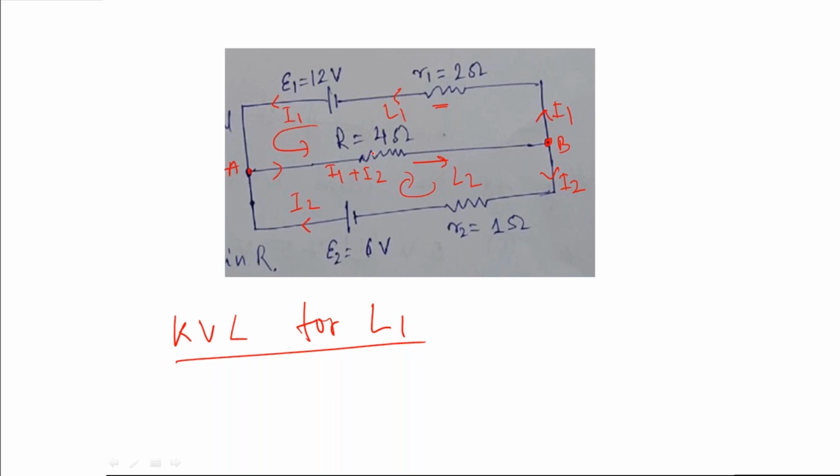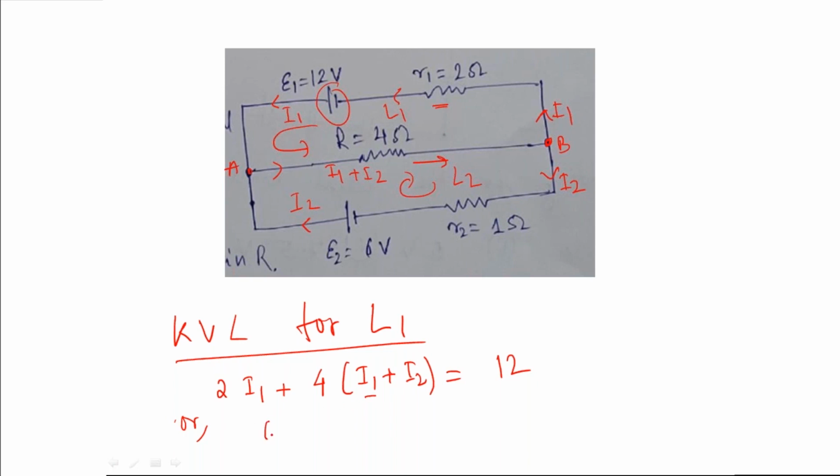Okay. So for loop L1, see I have resistance this 2 ohm through which the I1 is flowing. The current direction is this way. So I can write 2 into I1. Another resistance is 4 ohm. What is the voltage drop across this 4? This is 4 into (I1 plus I2). And then this is equal to, see, I have to see what is the cell.